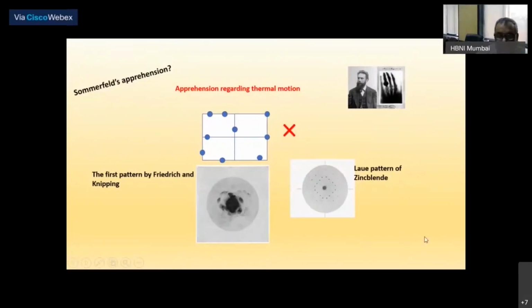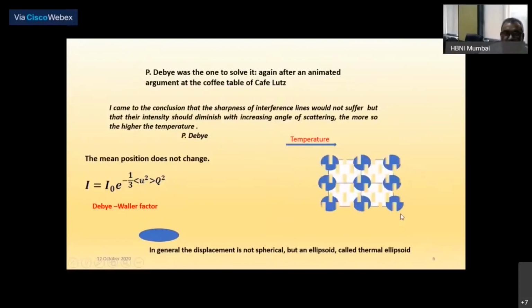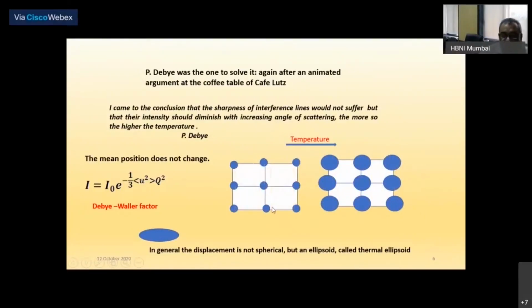But how does it happen? When you heat a sample, when a sample comes to a finite temperature, the lattice is not destroyed, as Debye said. But what happens is that the atoms and molecules, because of thermal motion, spread out more around their mean position.